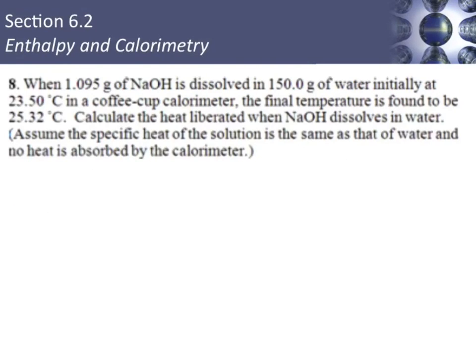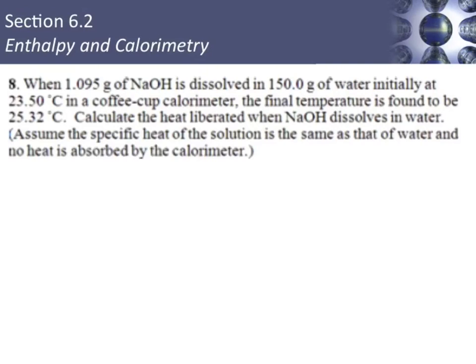Okay, so let's do a problem. When 1.095 grams of NaOH is dissolved in 150 grams of water at 23.50 degrees Celsius in a coffee cup calorimeter, the final temperature is found to be 25.3 degrees Celsius.